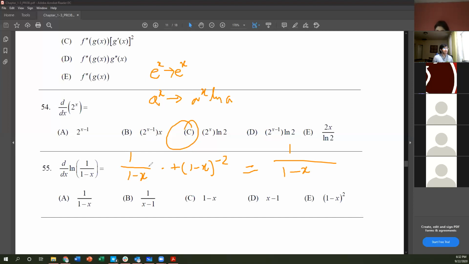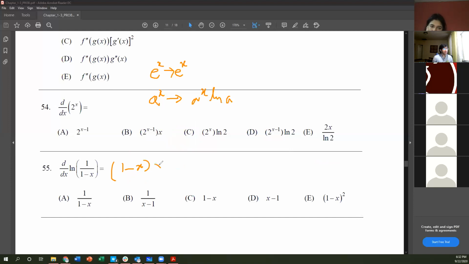Wait, no. Hold on. This shouldn't be 1 over 1 minus x. This is just 1 minus x, right? Yeah, that's right. Okay, 1 minus x. But then we have to multiply that by the derivative of the inside, which is negative 1 minus x to the negative 2 power, but the negative comes out, so then that's times 1 over 1 minus x squared. And then, yeah, you're right, it is A.